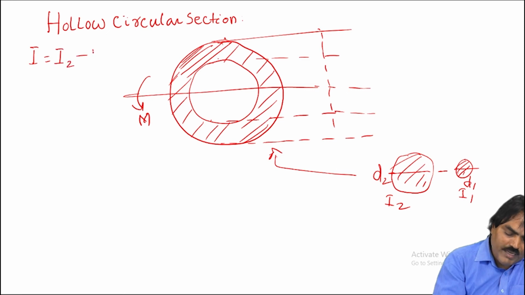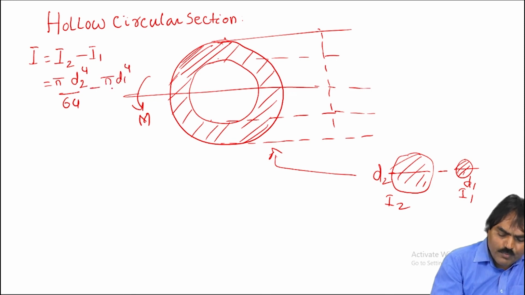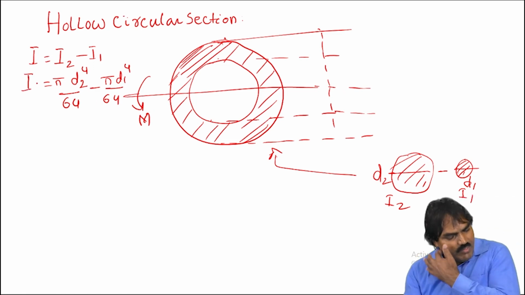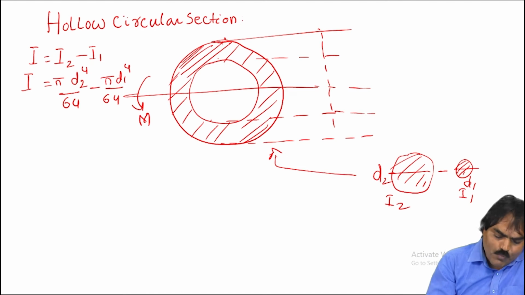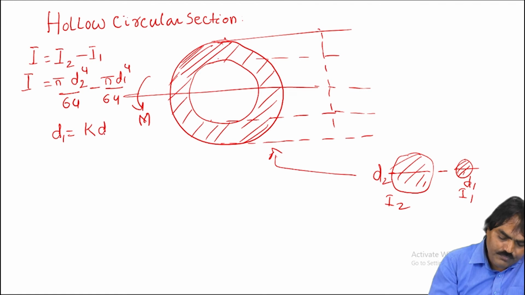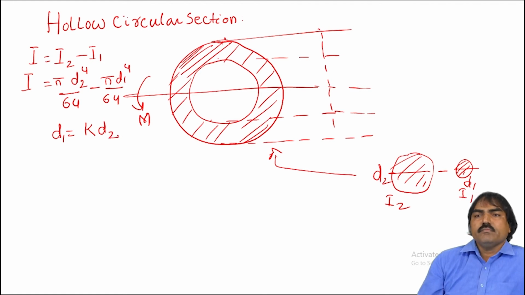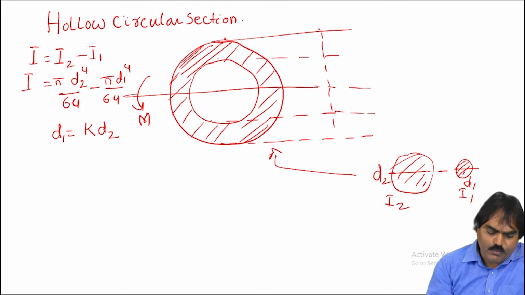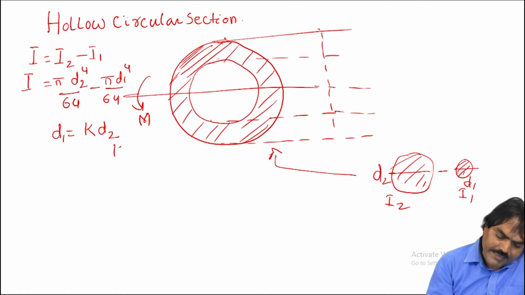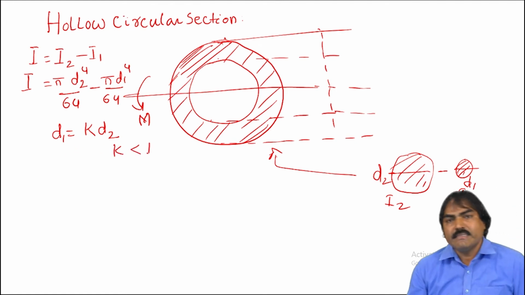That is I2 minus I1, that is equal to pi D2 to the power of 4 by 64 minus pi D1 to the power of 4 by 64. This is the I value. Generally in the numericals, the smaller diameter D1 will be given as a fraction of the bigger diameter, where k is a fraction always less than 1.